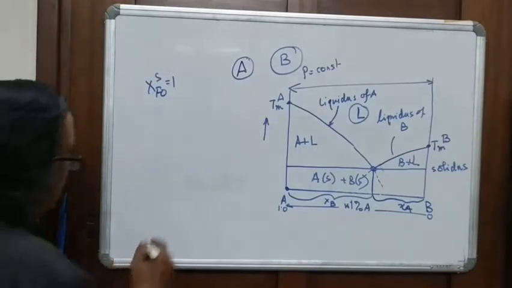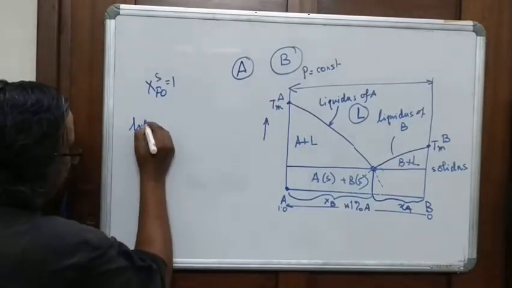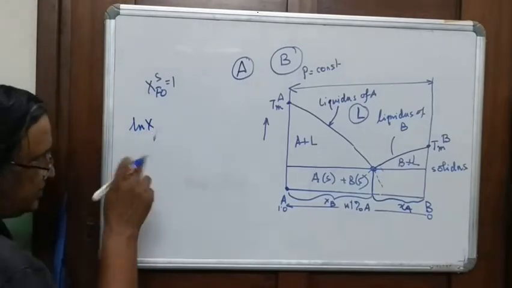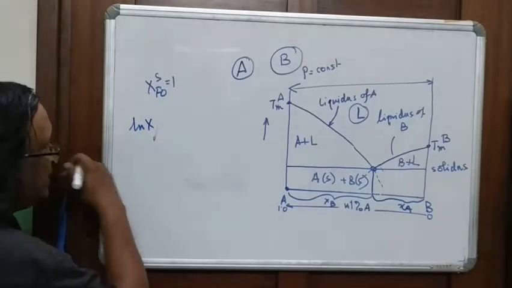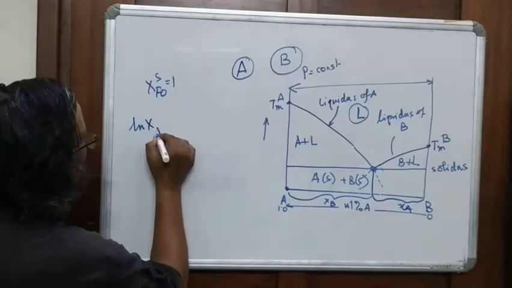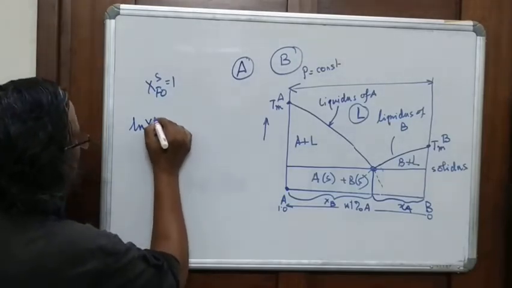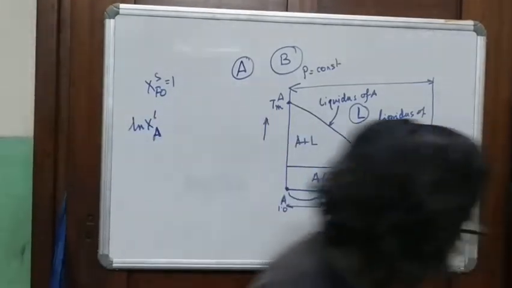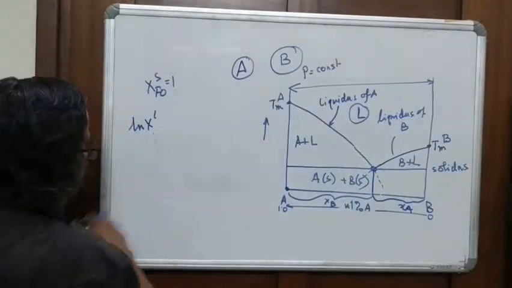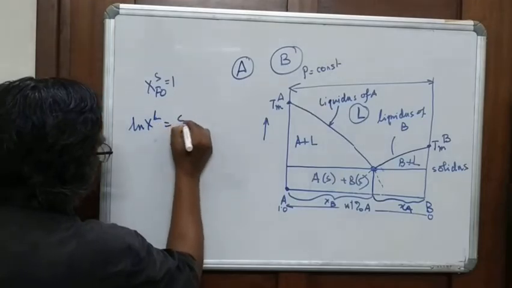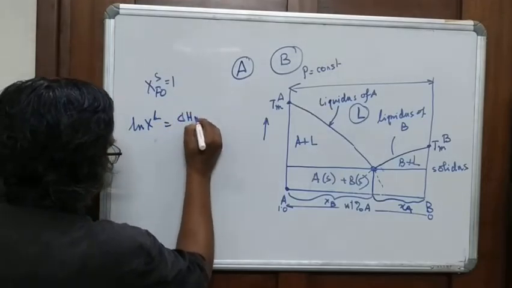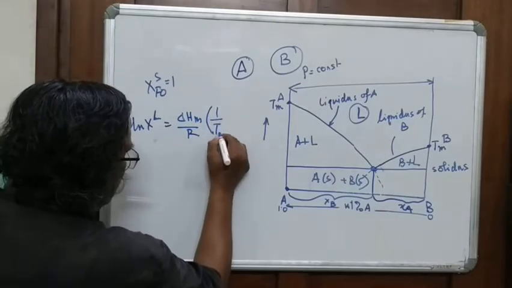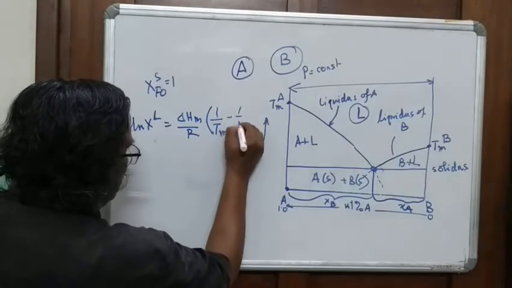So, once more, we have ln X of pure A in the liquid equal to delta H_m by R into (1 by T_m minus 1 by T).